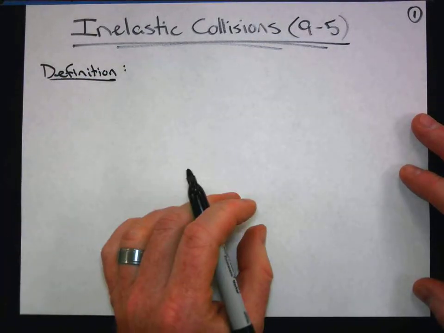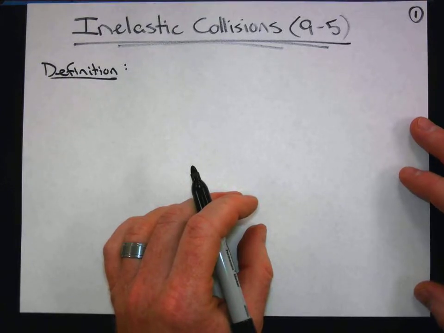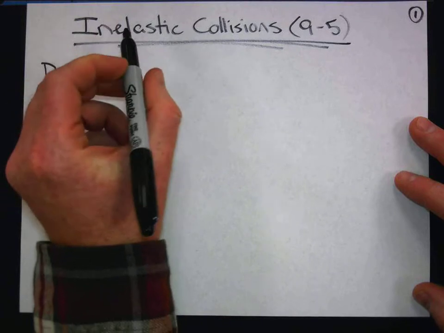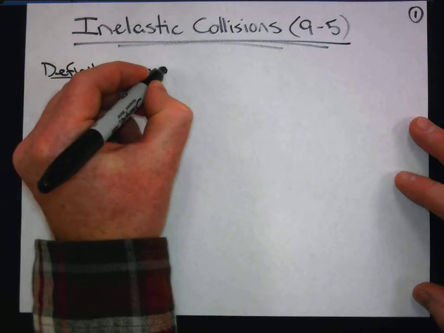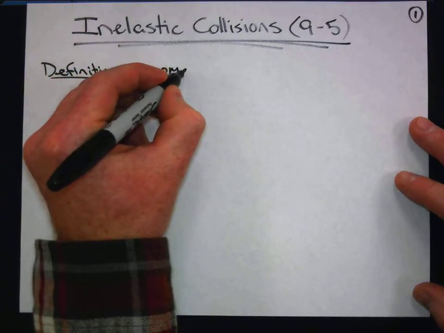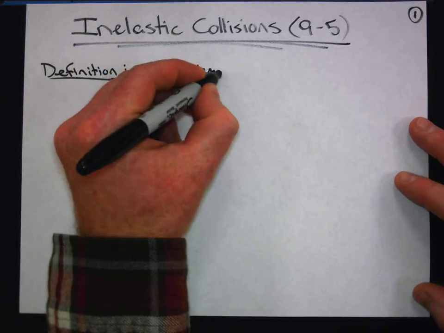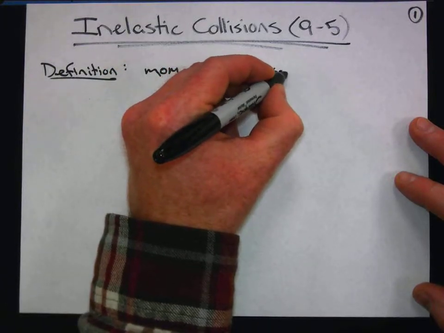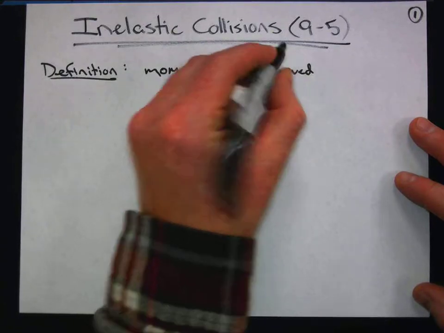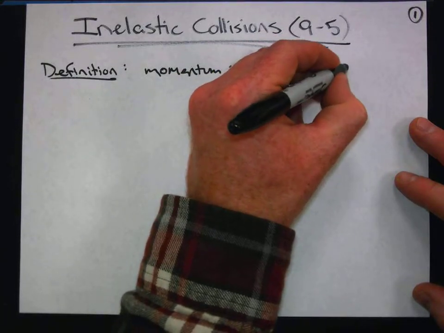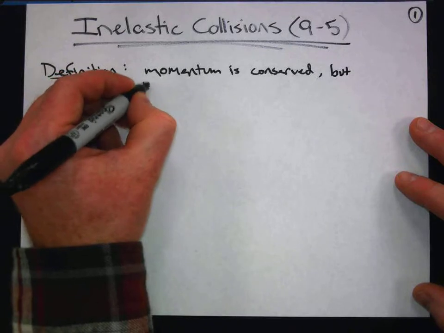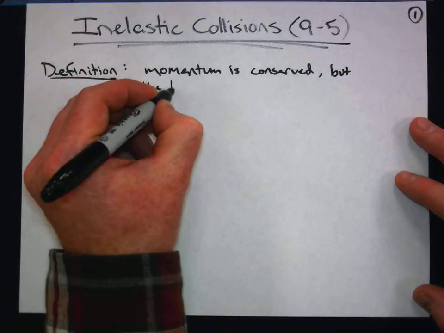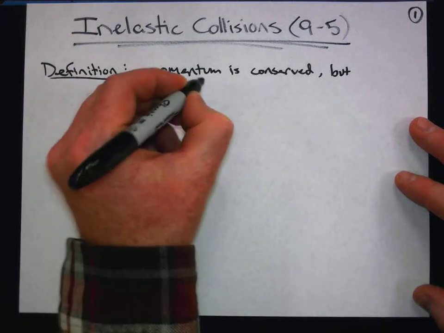We're talking about collisions between two objects, but by definition, an inelastic collision is one in which the total momentum of the system is conserved, but the total kinetic energy is not.